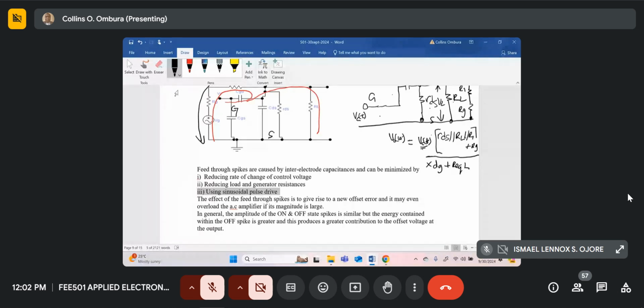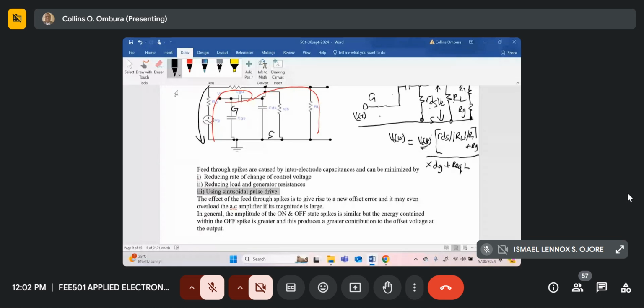So if you don't design your circuit properly, like if you use a very high frequency chopping, the reactance of the capacitance between the gate and the drain might be such that a very large voltage appears at the input to the AC amplifier, and that may overload it.